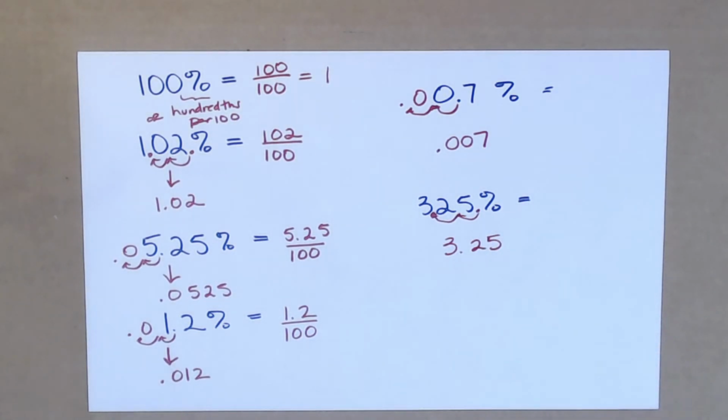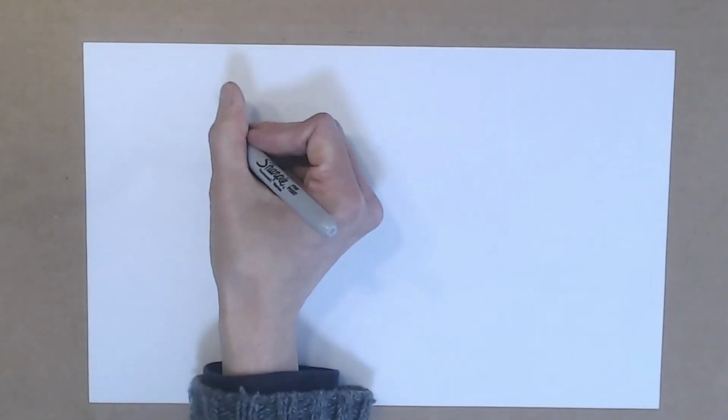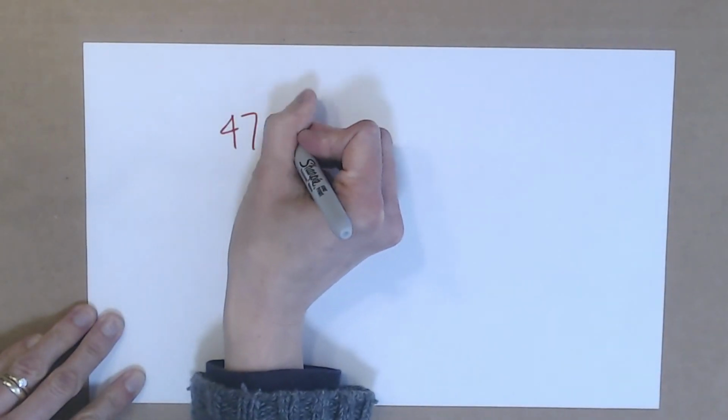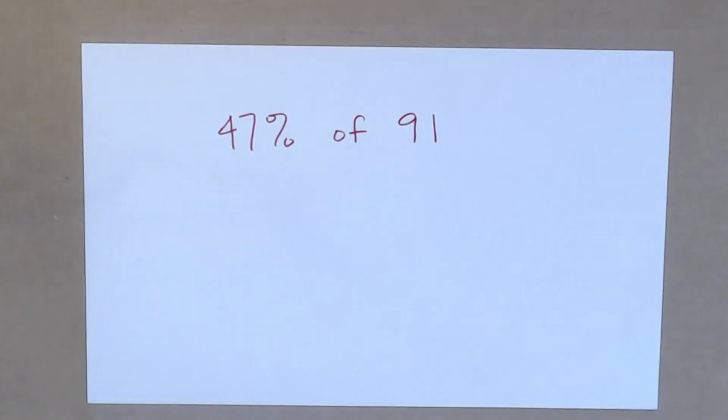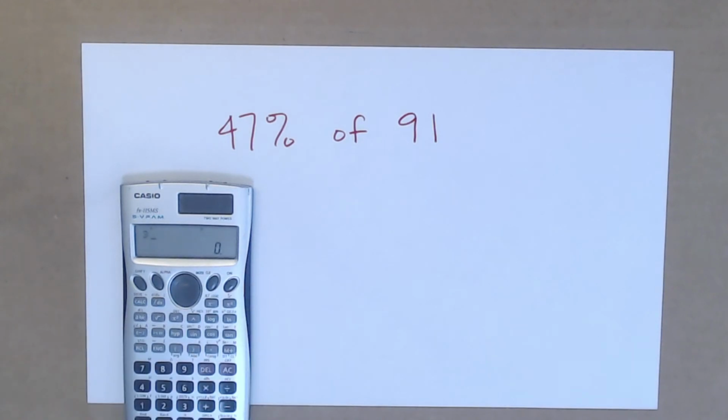Now I'm going to show you where this type of conversion is super helpful. When you are taking a percentage of something, for example, say you're taking 47% of 91, and let's say you have a calculator handy.